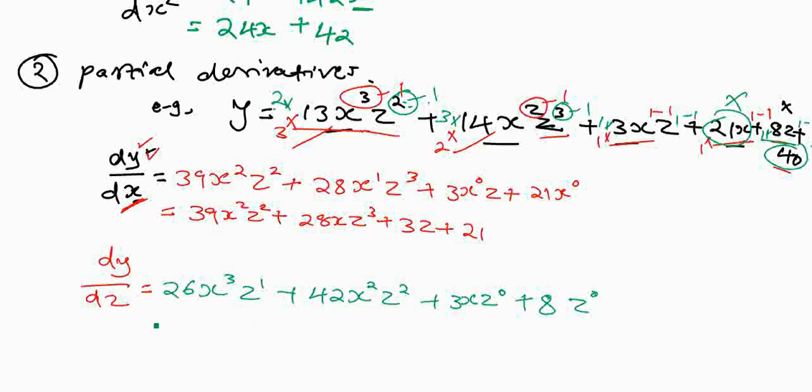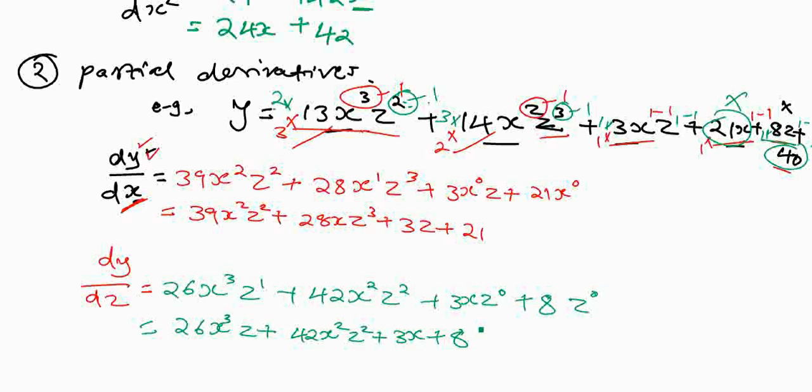So in short, let's simplify this and see what we get. The answer will be 26x power 3 z plus 42x squared z squared plus 3x, since z power 0 is like 1. Okay, plus 8 since z power 0 is like 1. Good.